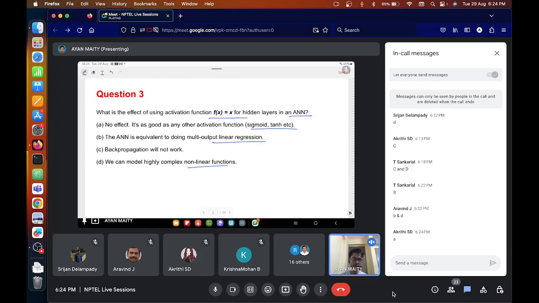Akriti is saying option A, no effect, it is as good as other activation functions. Murugan is saying option D. Option C, backpropagation will not work.